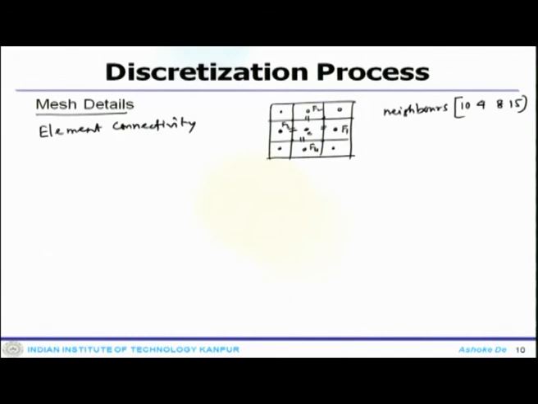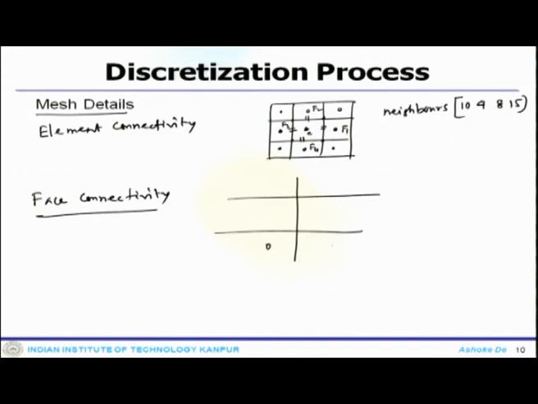Now, another one is the face connectivity. When you talk about element connectivity, you need to keep track of the elements. That means, once you consider one particular element, you need to see what its neighbors are. Now, face connectivity: here is an element, this is an element.